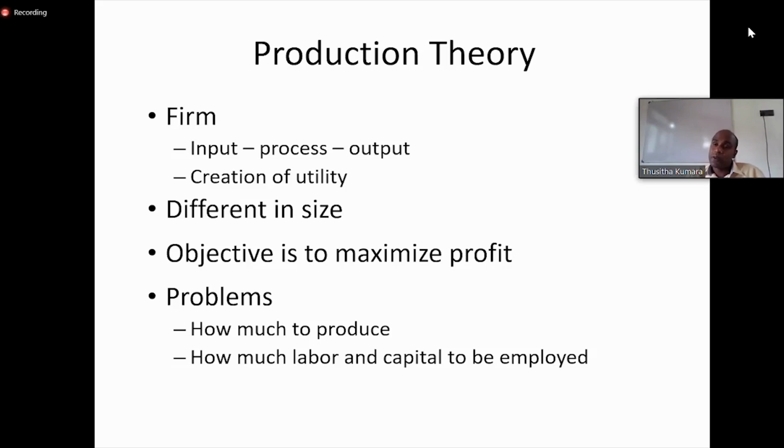How much to produce and how we are going to mix labor and capital. There are two periods, long run and short run, but I will come to that later. For the moment, remember, our objective is to decide on how much to produce and how the production factors are mixed in that production process.